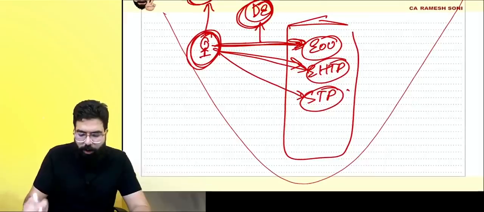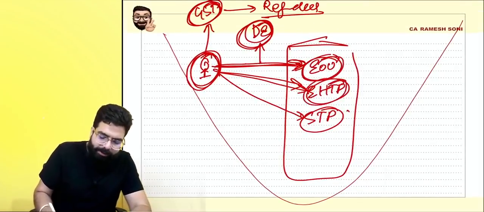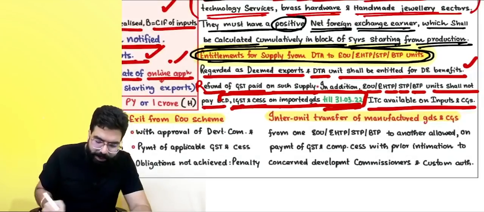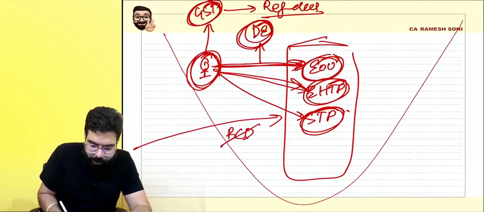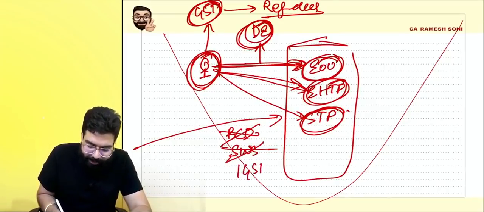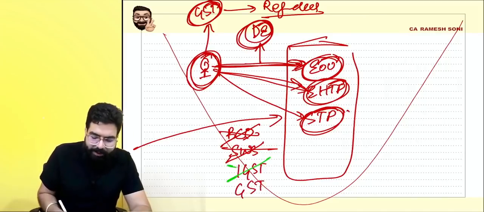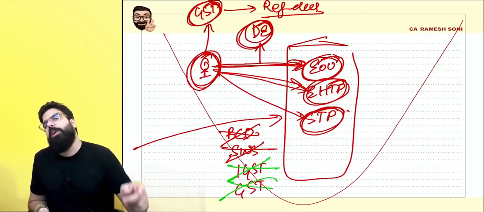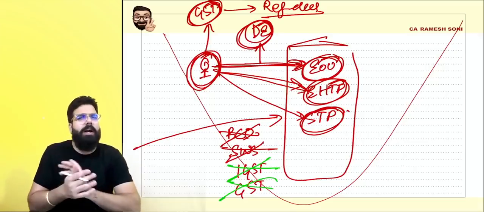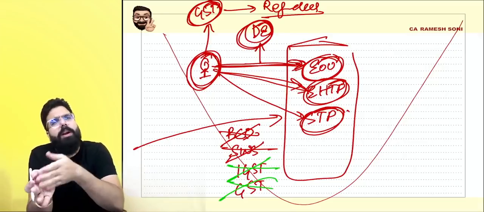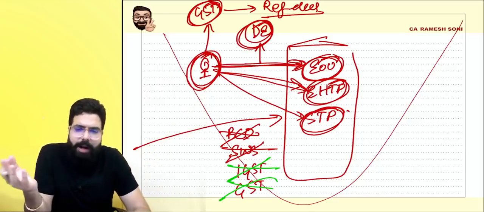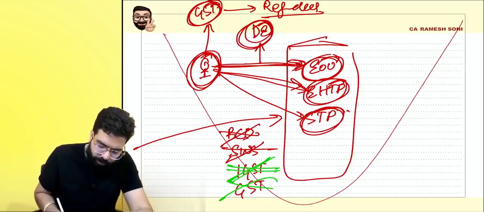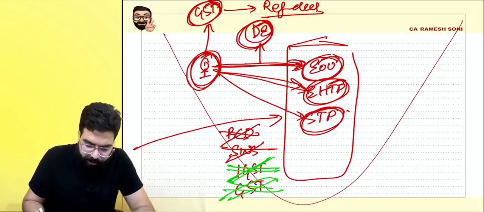Always remember, whenever EOU, ESTP, STPs import from outside India, they don't have to pay basic custom duty, social welfare surcharge, etc. Sir, IGST and GST compensation cess is exempted till 31st March 2022. Actually, it was earlier till 30th September because the foreign trade policy had been extended till 30th September. Now the foreign trade policy is extended till March, so this exemption is also extended till 31st March.